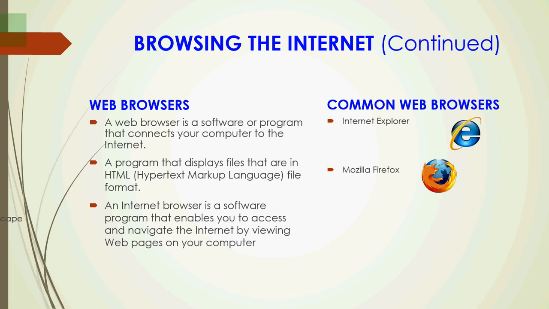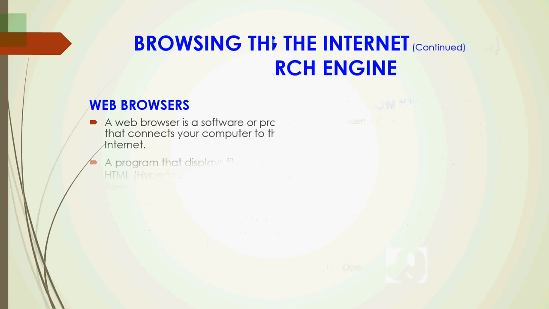The other one is Netscape, and that's its icon. The other one is Opera. Others call it Opera Mini, and that's its icon. These are not the only web browsers that we know. Of course, there are several others. You've heard of Google Chrome and so many others.